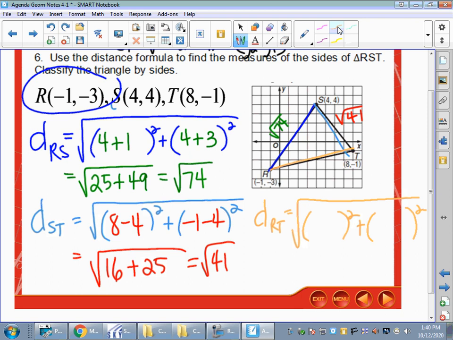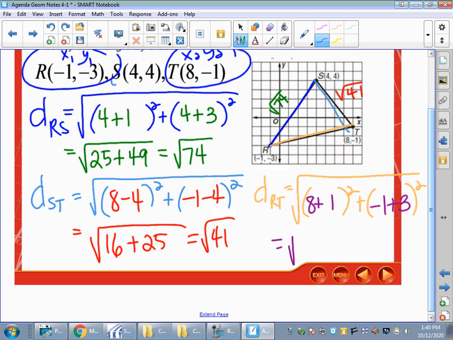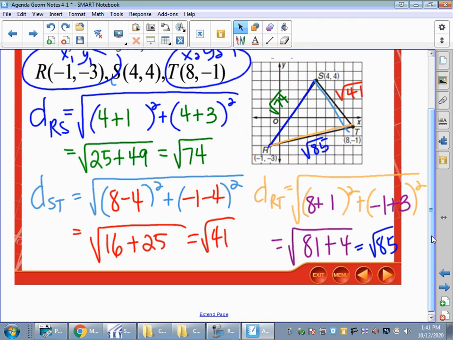And I'm going to do T. Because S has no part of this line that I'm working on. So I'm going to do my x2 minus x1, so 8 minus negative 1, and then negative 1 minus negative 3. So RT is going to be something like 9 squared is 81, 2 squared is 4, so the square root of 85. So that was a lot of work to figure that out.